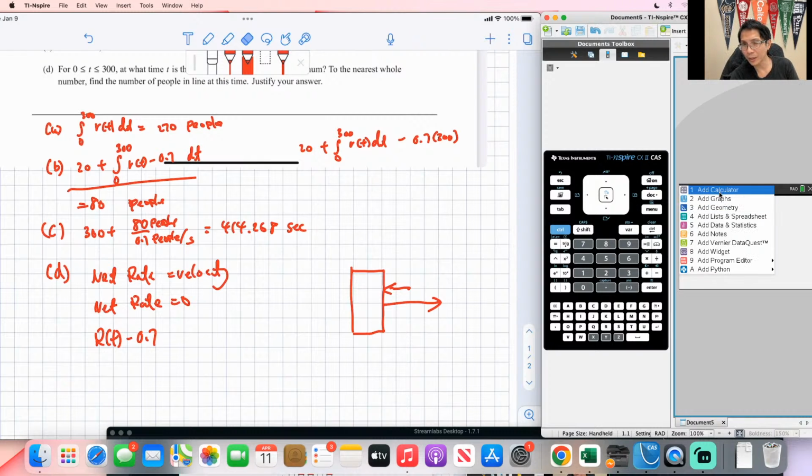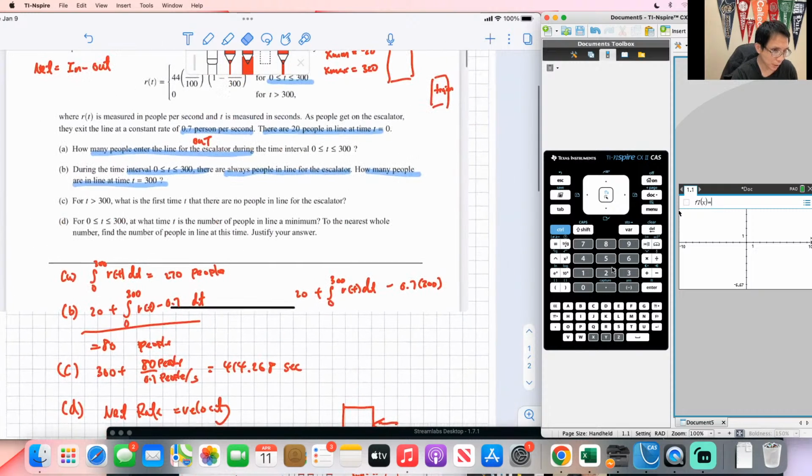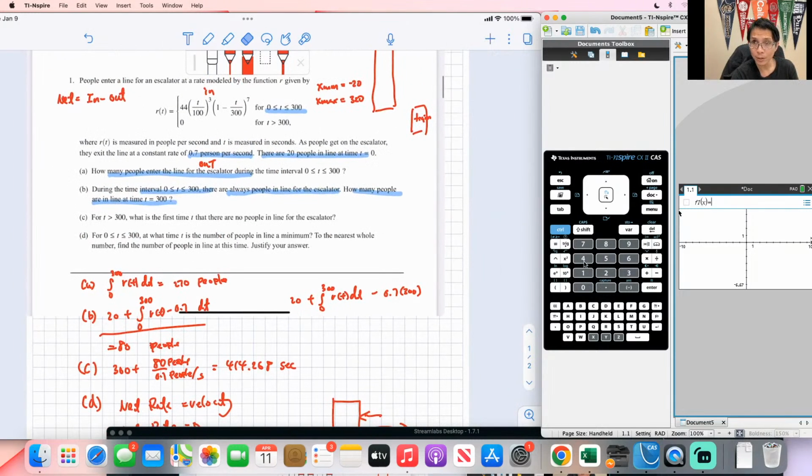New. Adding graph. There we go. So I'm gonna type this function in. It's gonna be R of t, so 44 parenthesis x minus x divided by 300, I think. Is that right? Yeah. It's 100.